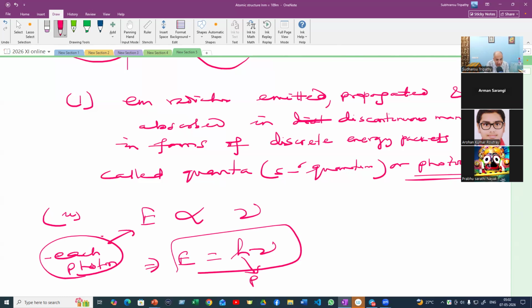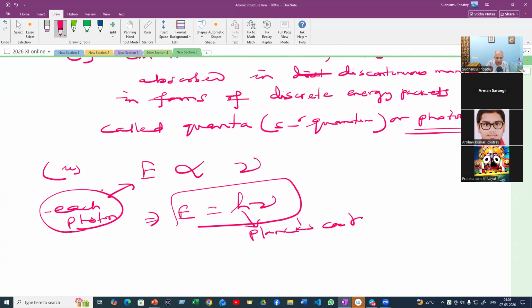This h is called Planck's constant. Its value you have to remember: 6.626 times 10 to the power minus 27 erg per atom.